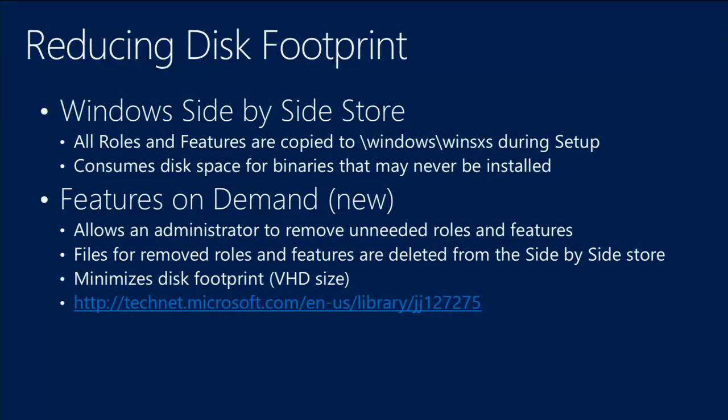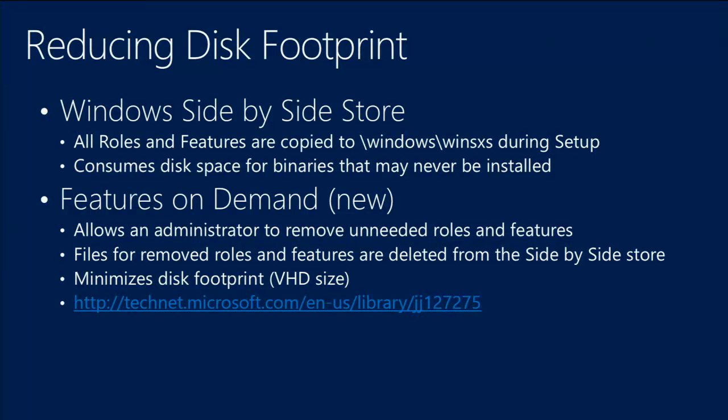It's literally just a directory under Windows WinSXS, which is really hard to say, so I'm going to say Windows side-by-side store throughout this presentation. And they all get put down there, regardless of whether you actually intend to ever use those roles on that box. Okay, so they're taking up a whole bunch of space.